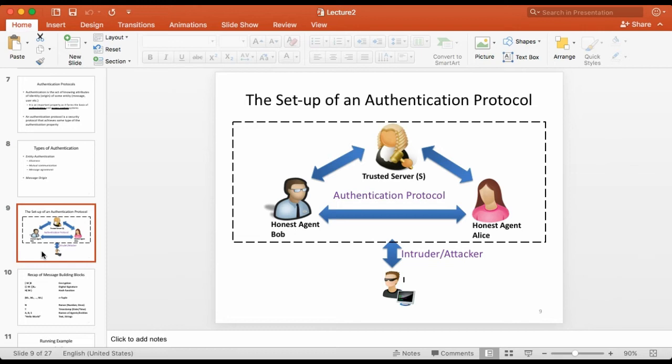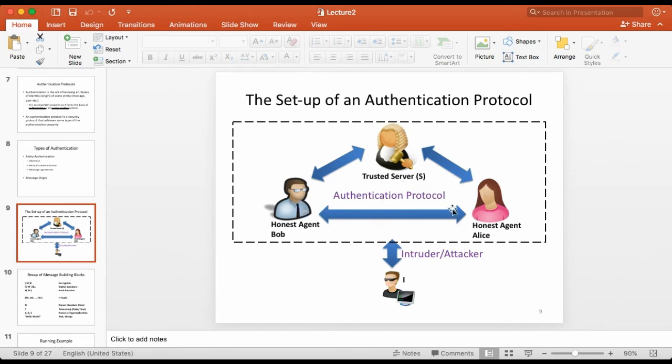First of all, you have the two communicating entities, and often we call them Alice and Bob. The assumption here is that Alice and Bob are two honest agents that are attempting to run some kind of authentication protocol in order to achieve a certain flavor of authentication.